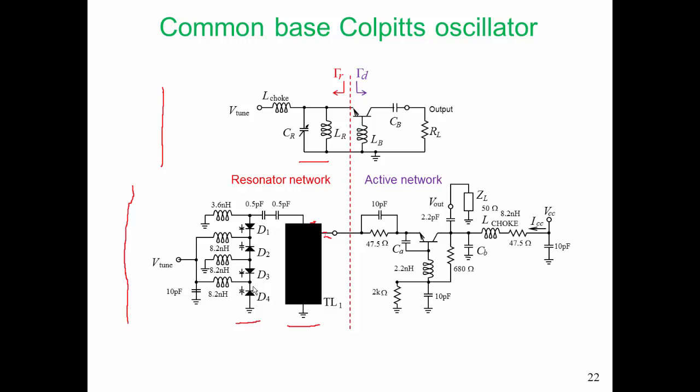A varactor on its own, if we just took one of these varactors on its own, this varactor has a capacitance that varies significantly with respect to a large RF voltage swing. By stacking these varactors on top of each other, we're reducing the dependence of the susceptance on the amplitude. So this stacking idea is used commonly in many different microwave circuits.